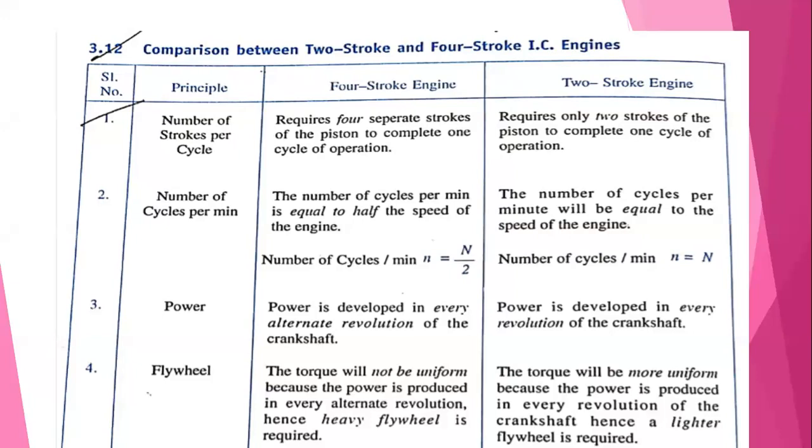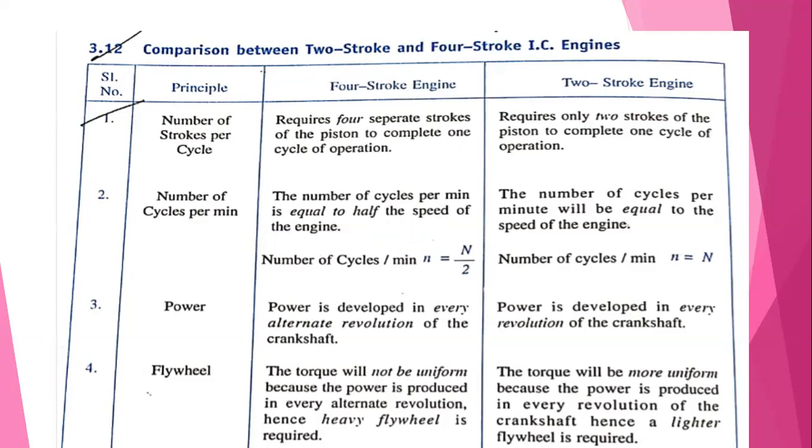Next, come to the point: the number of cycles per minute. This is very, very important. In a minute, how many cycles are completed by the engine? The number of cycles per minute is equal to half of the speed of the engine.